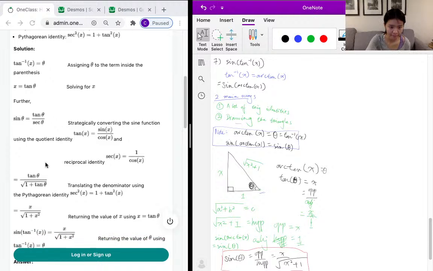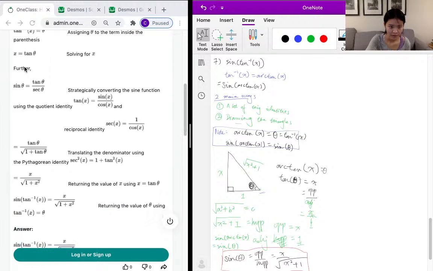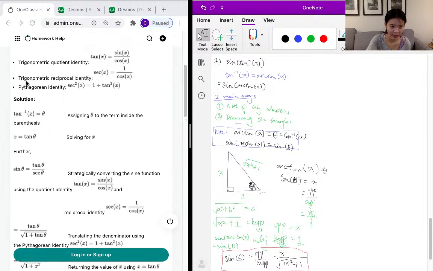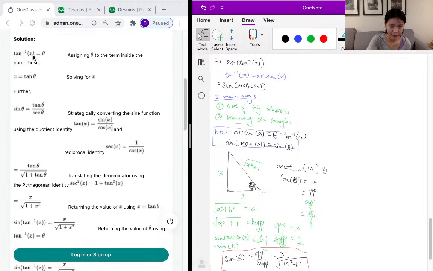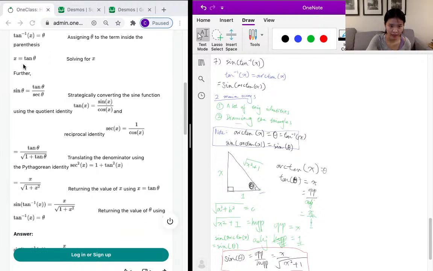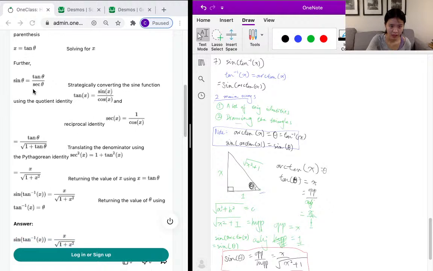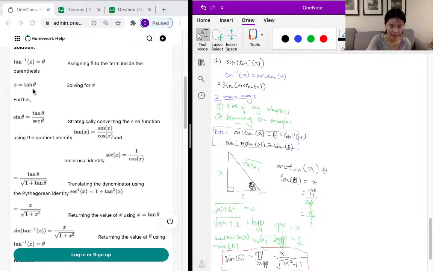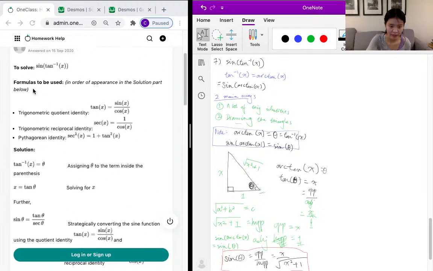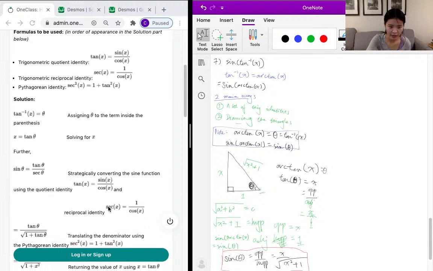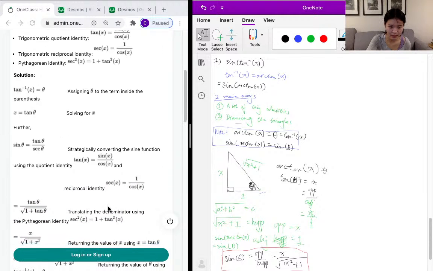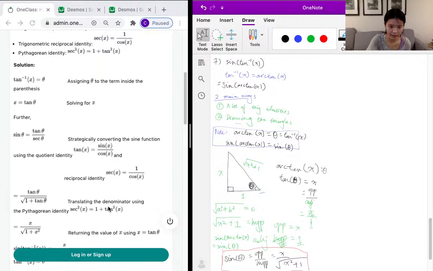We can briefly step through the answer. Arctangent of x is theta, right? x equals tan theta, perfect. Sine of theta equals tan theta over secant theta, because tan of x equals sin x over cos x, and secant theta is 1 over cos x.